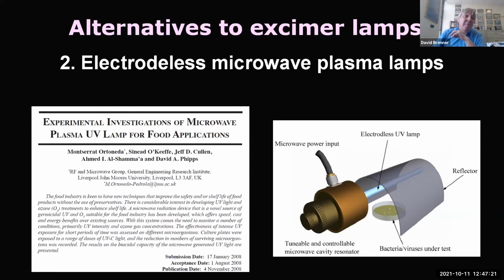Basically, you generate some microwave power from a microwave oven or similar, and put it into a tunable microwave cavity resonator, and then attach an electrodeless UV lamp to that, and lo and behold, you get UV light out of it. Sounds simple, but I'm not so sure it really is in practice. But I think it's a pretty promising alternative.